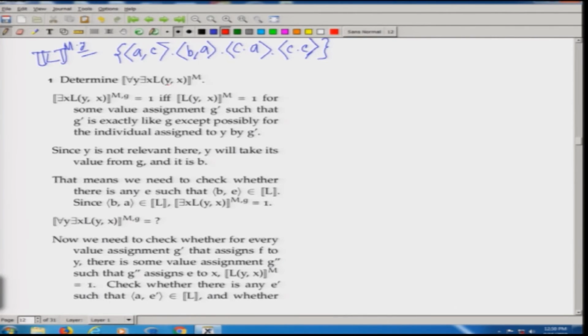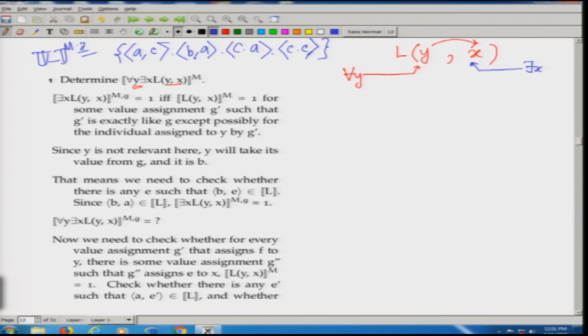Then here the basic formula is L y x, and the checking direction is from y to x, because we start with y, and y is bound by an all y, and x is bound by some x.